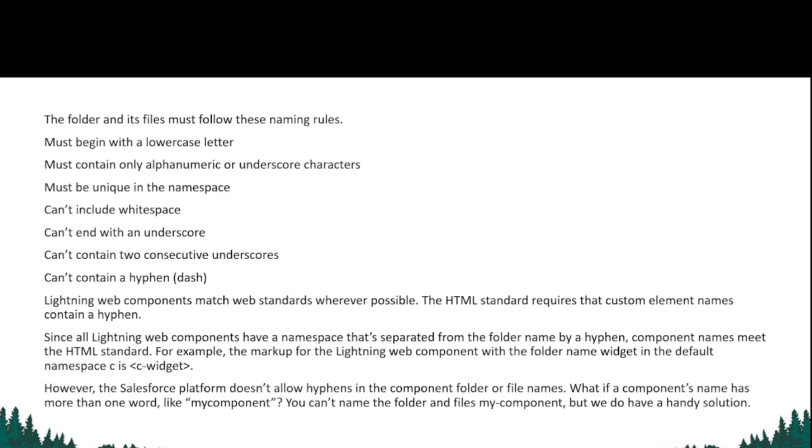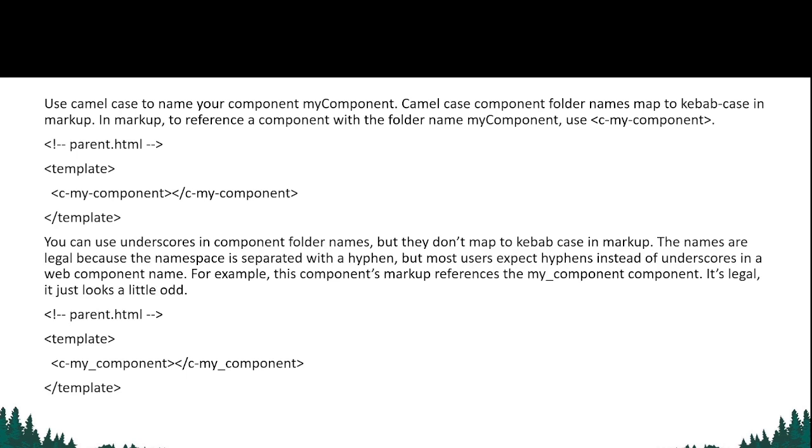Now the Salesforce platform will not allow certain component folder or file names. If a component name has more than one word, then you cannot name that folder and the file as my_component or my-component, but we have to write it in a different way. You have to use camel case, so when it has two words, you write the component name as myComponent.